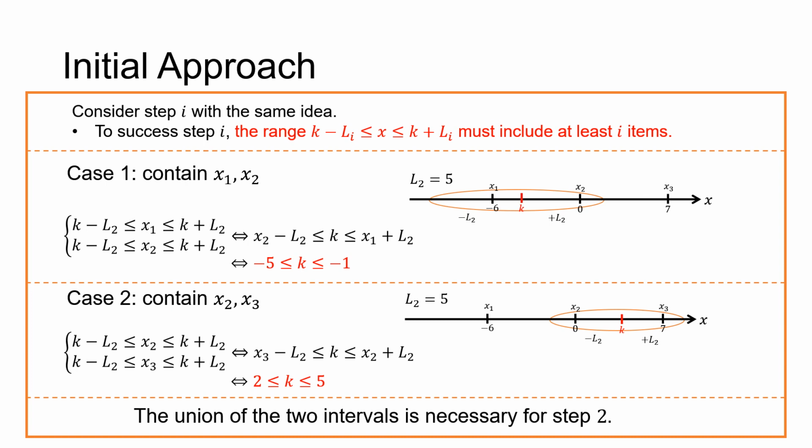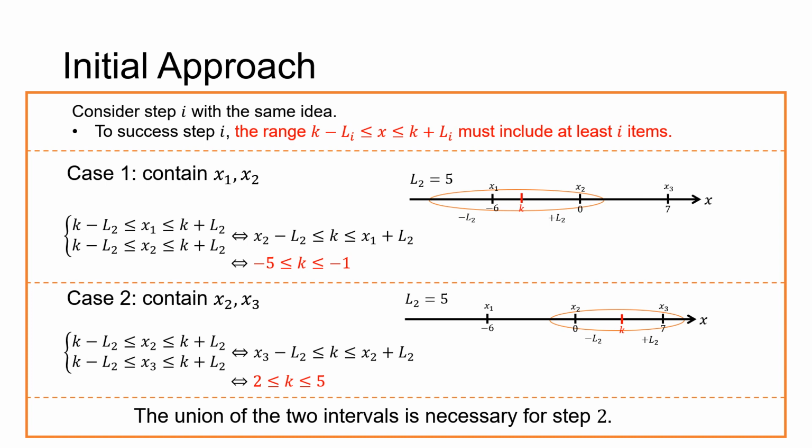We extend the idea for each step, and we would like to get other necessary conditions. Here, I introduce that of step 2 in the example. At step 2, the range must include at least two items. So it's necessary to have at least two consecutive items.